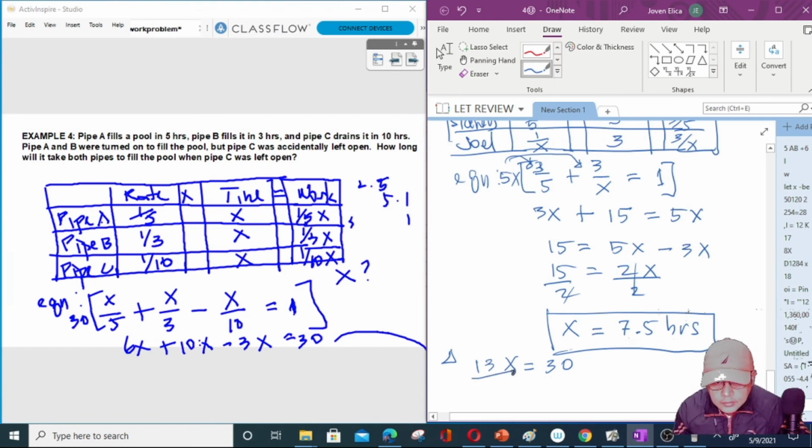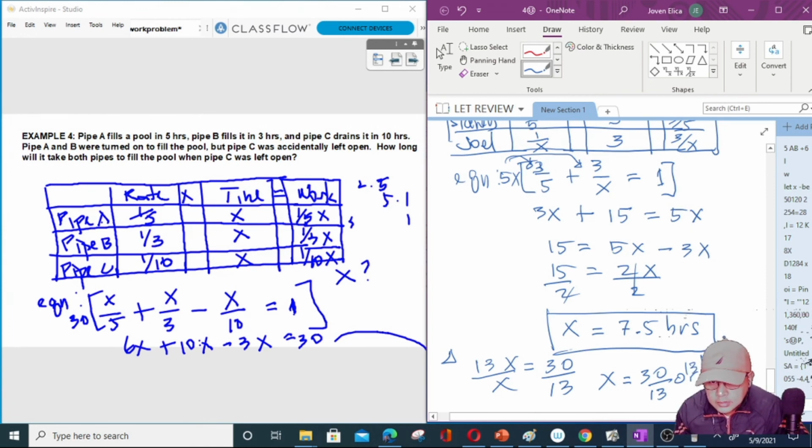So therefore, to find the value of x, divide by 13. x is equal to 30 over 13, or just convert to mixed number.